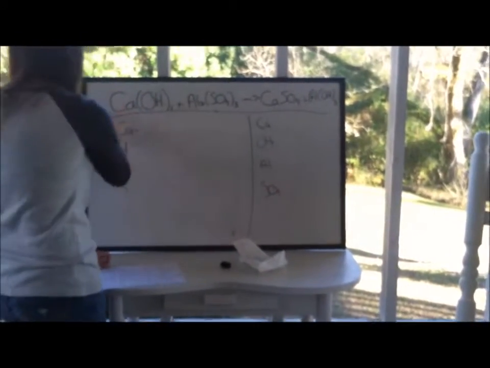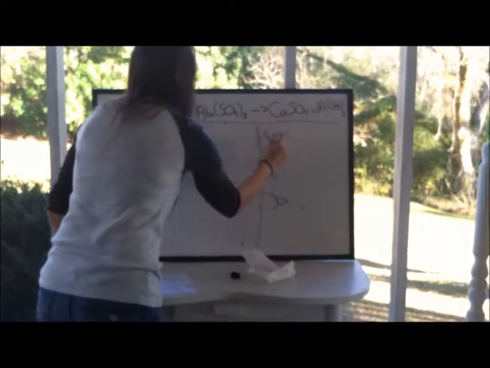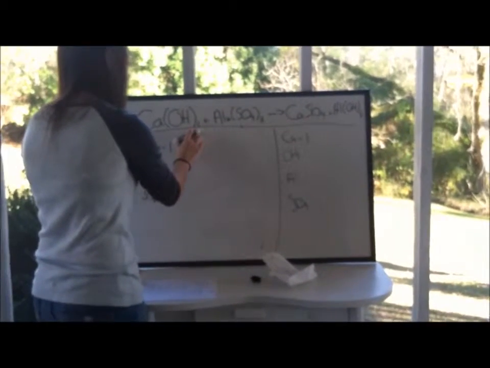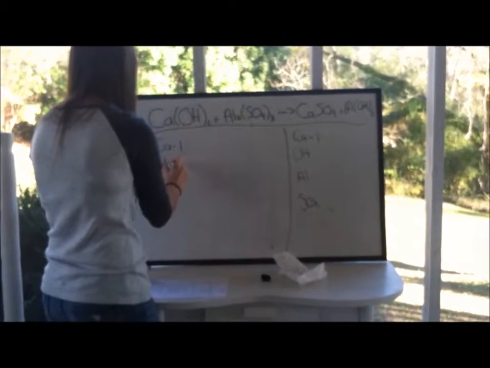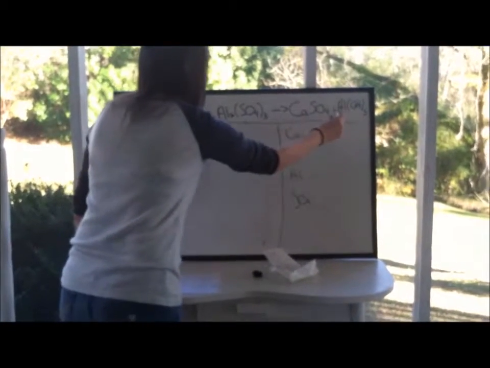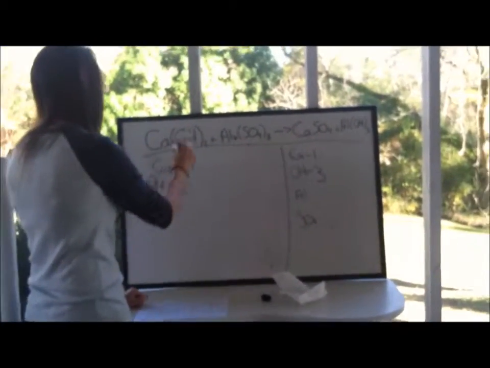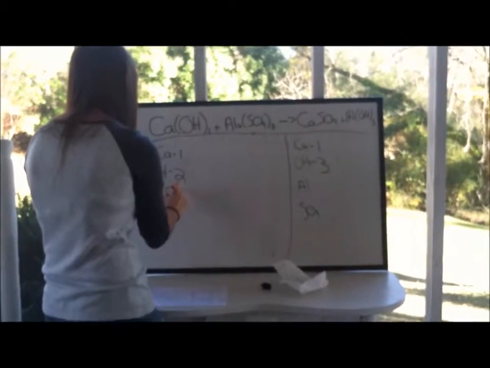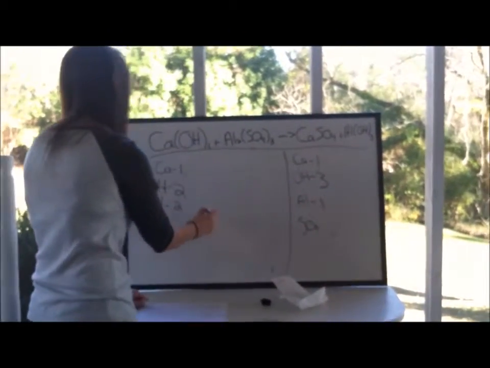Alright, on this side we have one calcium, and on this side we have one calcium. The calciums are balanced. On this side of the equation, we have two hydroxides, and on this side, we have three. For aluminum, we have two aluminum, and on this side, we have one aluminum.